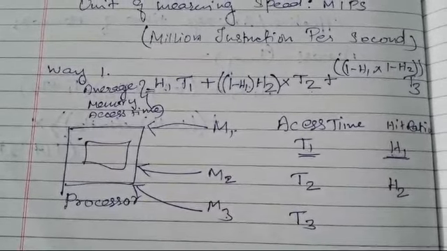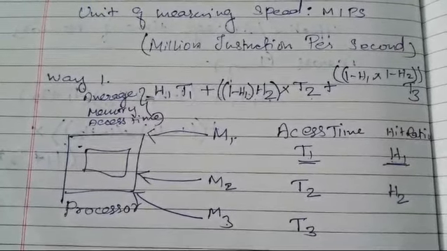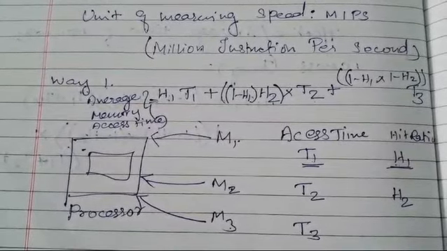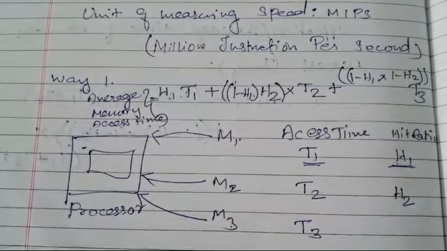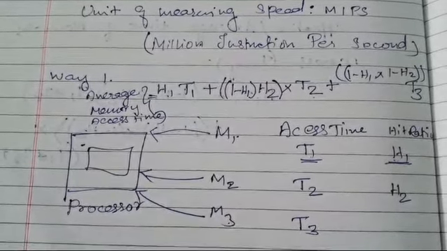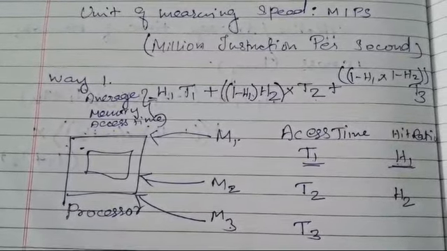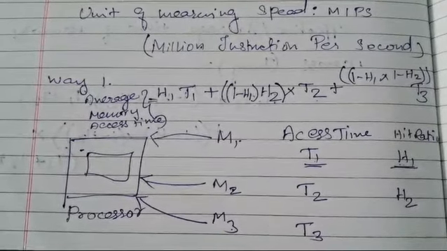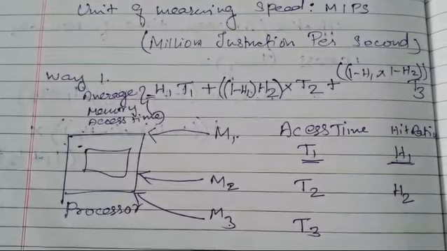Suppose it does not hit the memory, then we take 1 minus H1, multiplied by hit ratio H2, which is also multiplied by access time T2. Likewise, this formula goes on. We can use this formula for calculating the average memory access time.